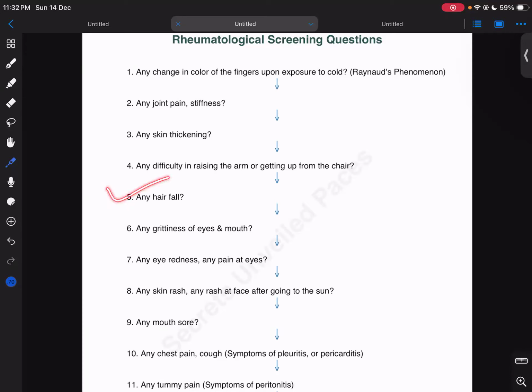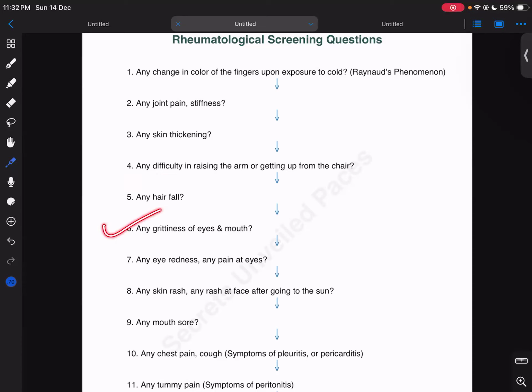Any hair fall. If there is hair fall, please try to remove the hair of the patient and look at the scalp, because sometimes there can be hidden physical findings, like discoid lupus erythematosus. Unless we remove the hair, we cannot identify this DLE.